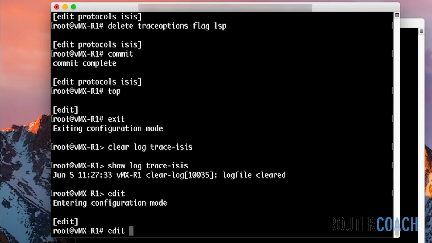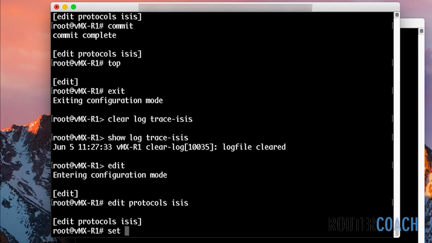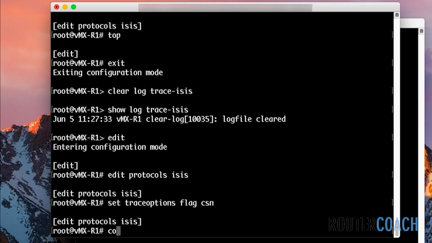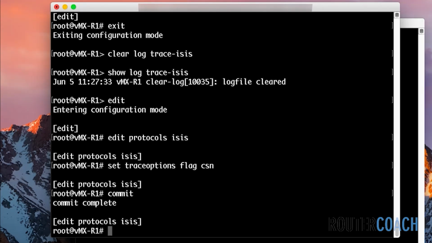Edit protocols ISIS, set trace options, and we're going to put the flag for the CSN, which is the complete sequence number PDU. Commit that. Run show log trace ISIS.